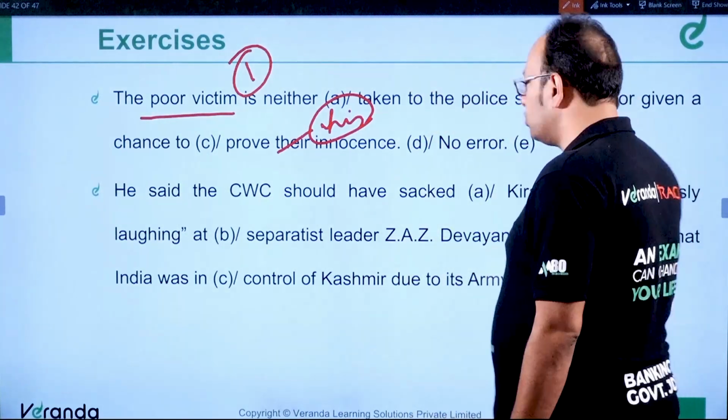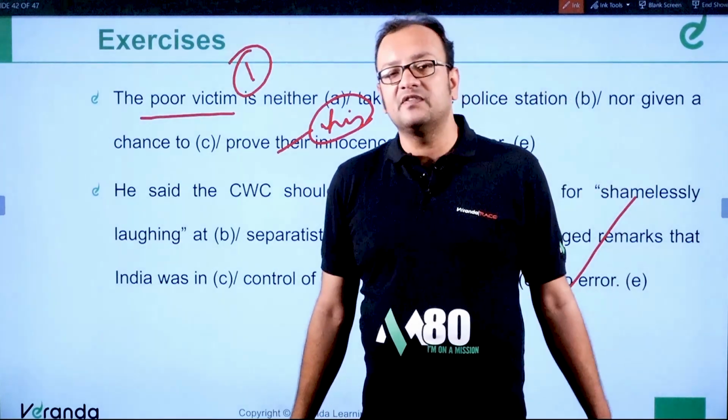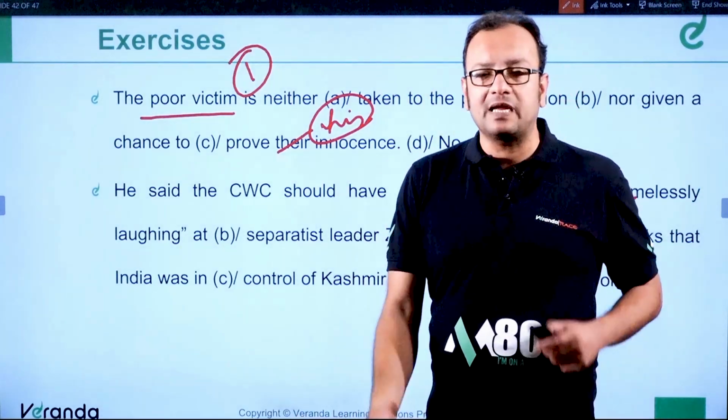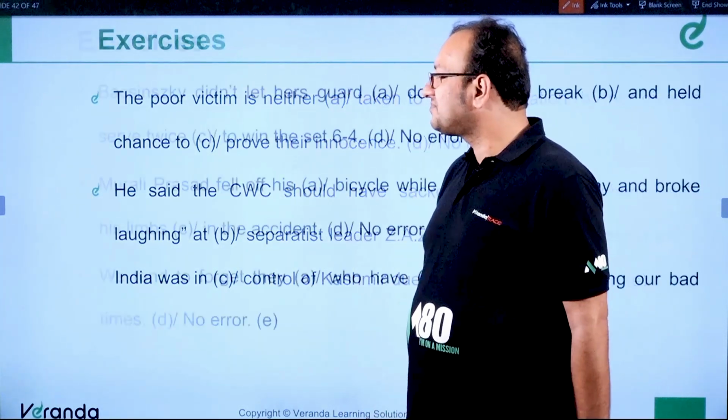No error, students. There is no error. Generally, it's a very strange thing with me that when I take a lot of time on a question, it comes out to be a no error. Okay, moving ahead.